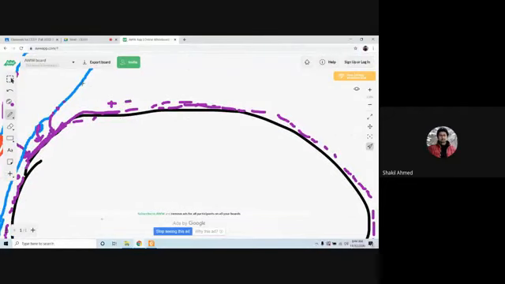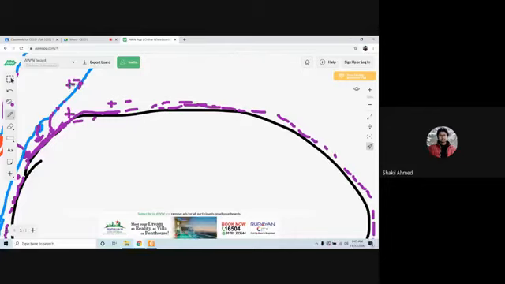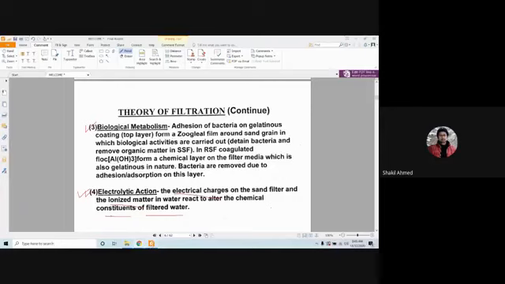Therefore, when you have a pollutant in water which has a negative or positive charge, then they react or get attracted and are being removed. So that's also another process, electrolytic action.